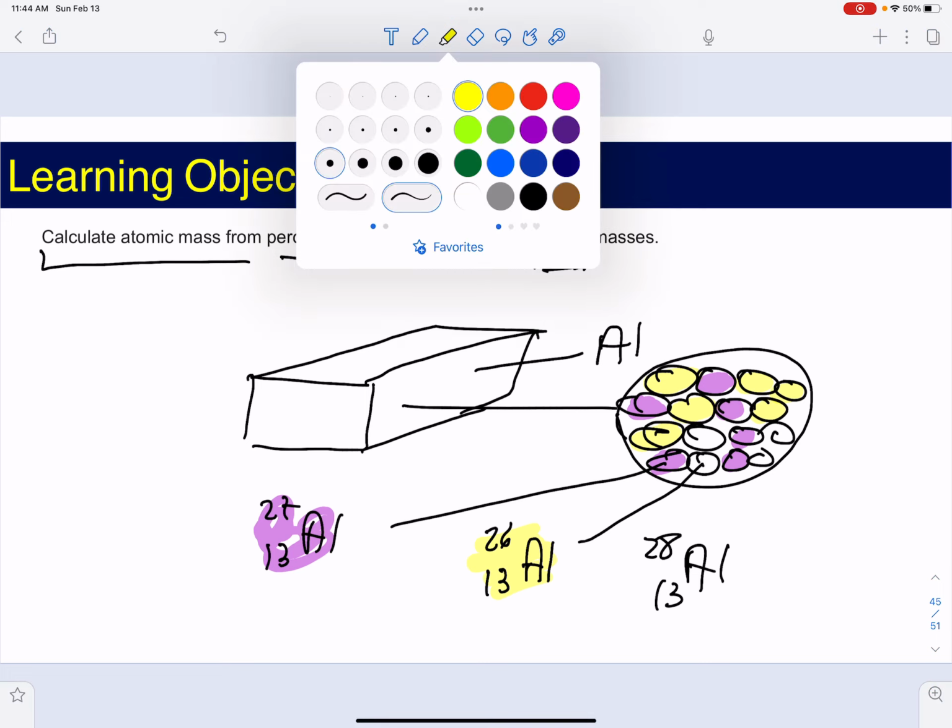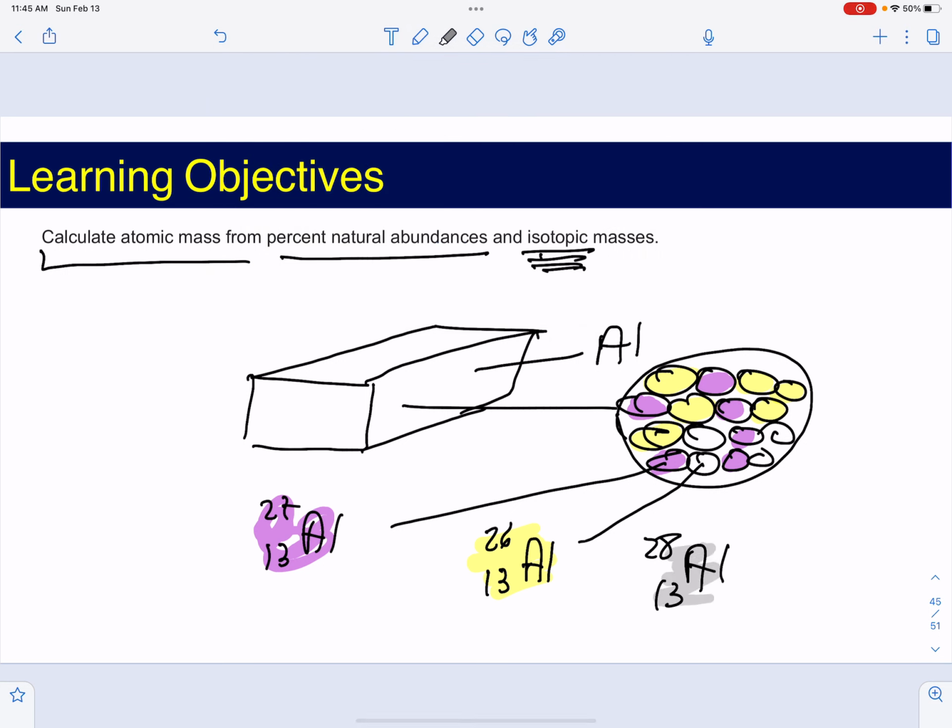So this one is going to be 1, 2, 3, and 4. So that chunk of aluminum follows that pattern. So altogether we have 15 atoms.